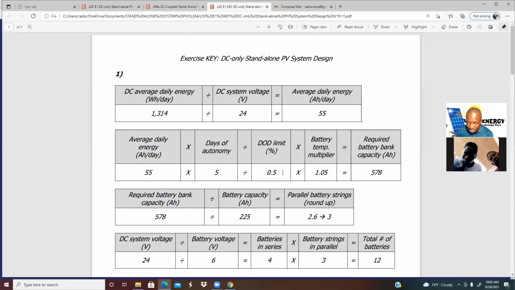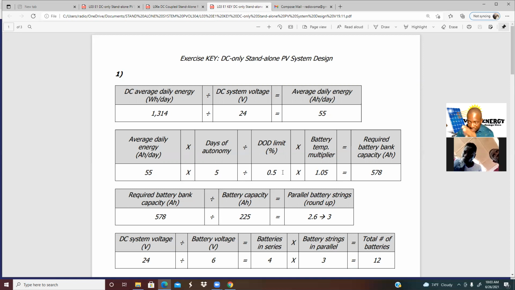It's very important to set your depth of discharge. That's why people say the battery can last long in Liberia. When you do a system and don't set the depth of discharge, the battery runs out, and if it hits 0, that battery can never take charge again. So this is very important. Always read the manual.